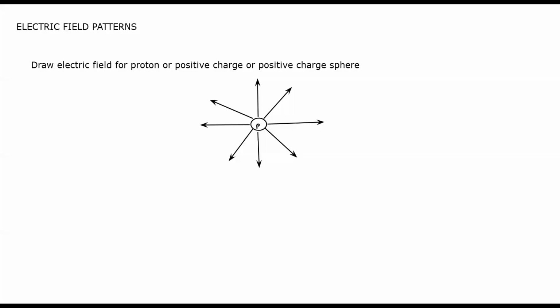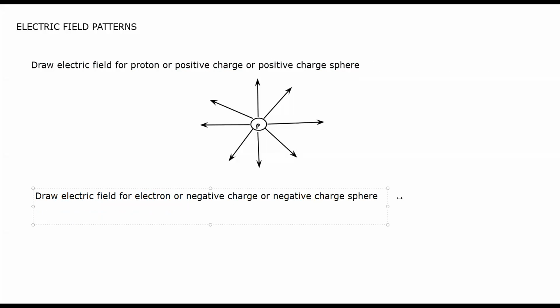And if the question is draw the electric field for an electron, or negative charge, or negative charge sphere, we have the electron. The electron itself is negative, so what will be the direction of electric field?